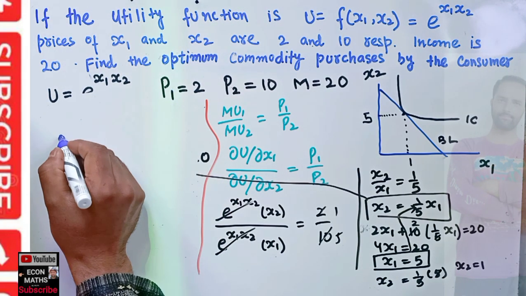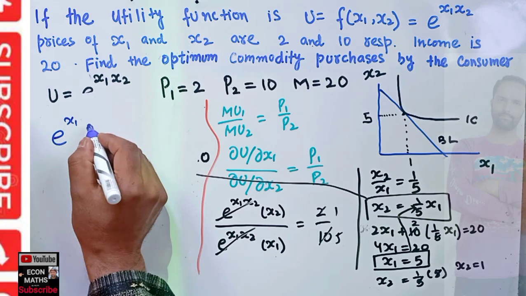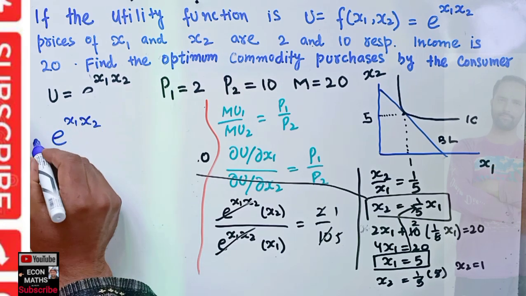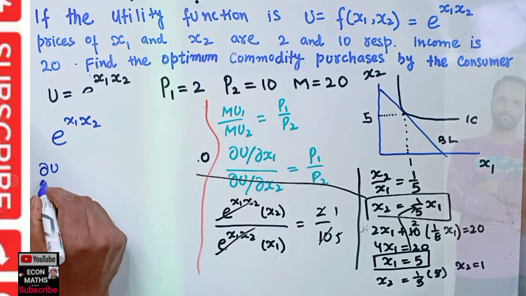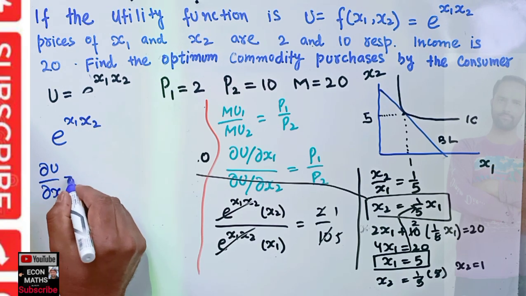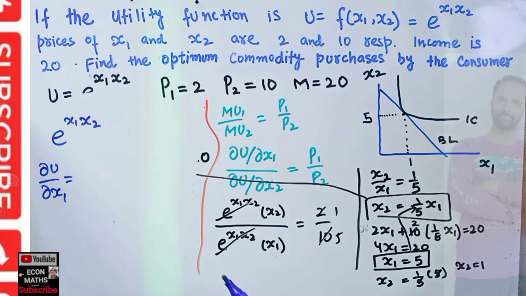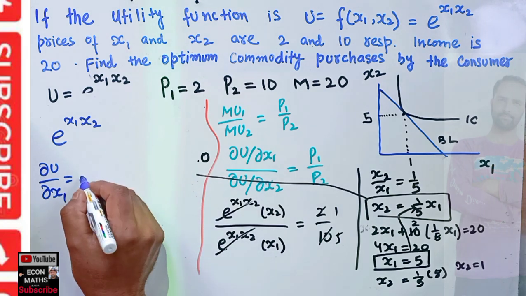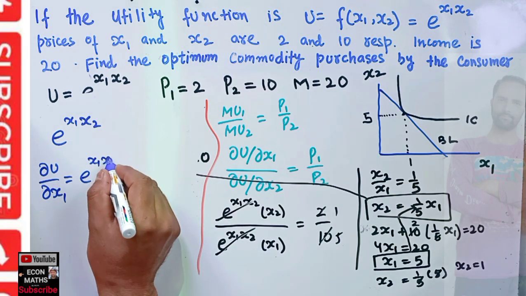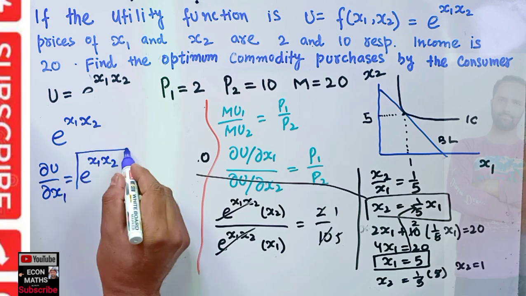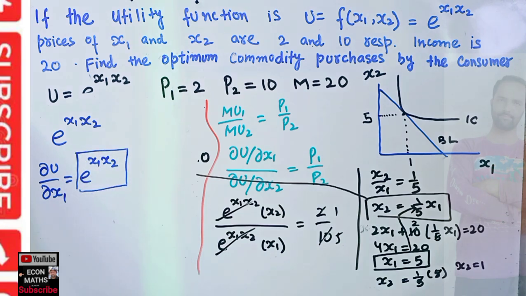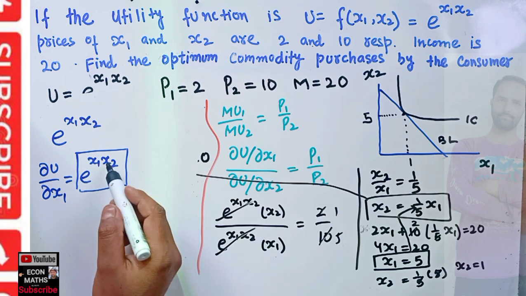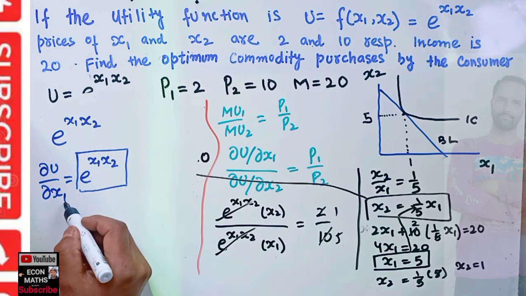If we have e to the power x1 times x2, its derivative du upon dx1 is equal to the exponential function given, that means e to the power x1 times x2, times the derivative of the exponent with respect to x1.